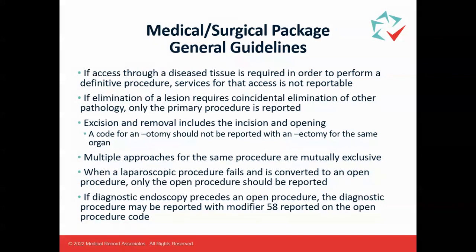You would not get credit and be able to report that laparoscopic portion separately. If a diagnostic endoscopy precedes an open procedure, the diagnostic procedure may be reported with modifier 58 reported on the open procedure, meaning that you needed to do that diagnostic endoscopy in order to know whether you want to proceed then with that open procedure. But modifier 58 on that open procedure is going to unbundle that edit for you.